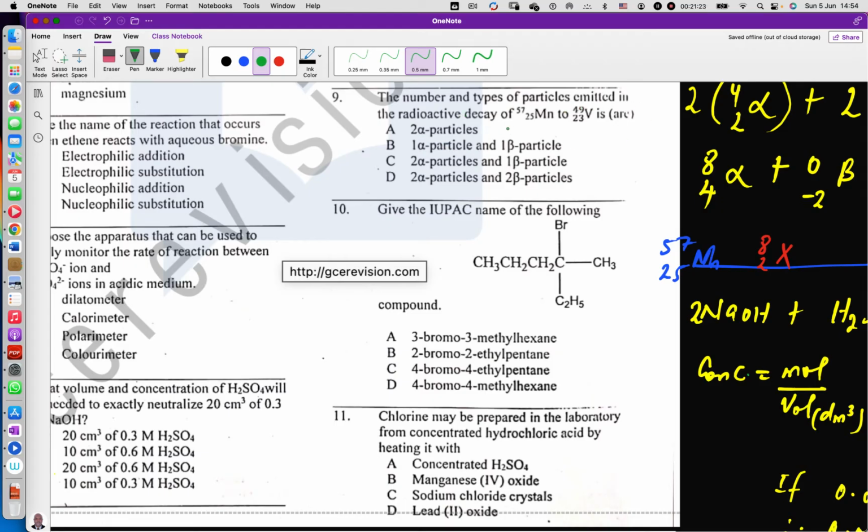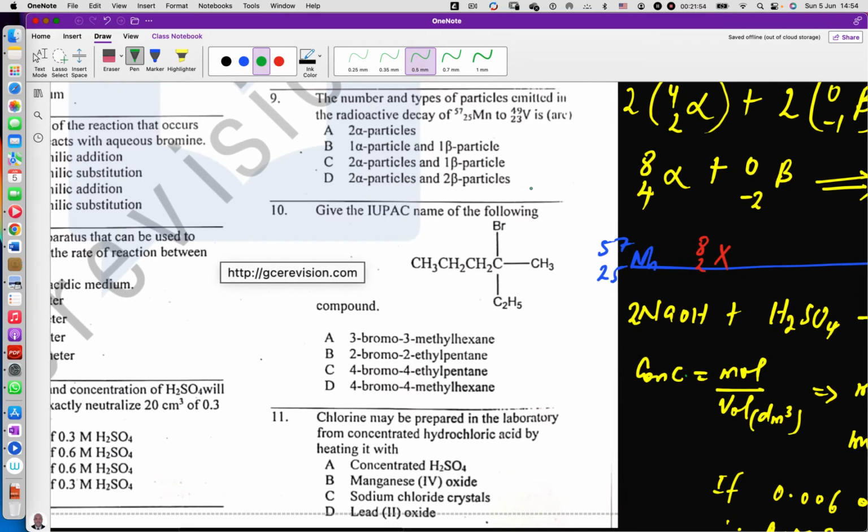A radioactive decay of Mn to V, that is 57 to 49, and atomic number 25 to 23, are: A, 2 alpha particles; B, 1 alpha particle and 1 beta particle; C, 2 alpha particles and 1 beta particle; and D, 2 alpha particles and 2 beta particles.